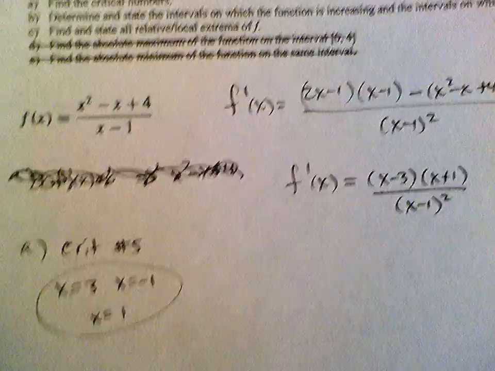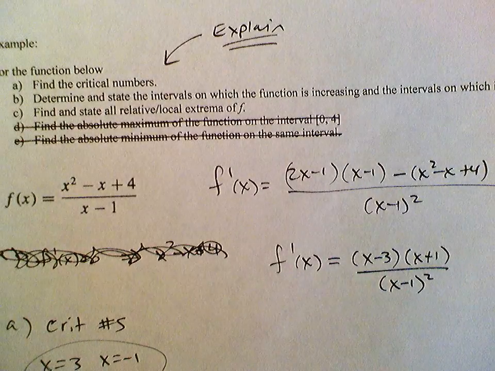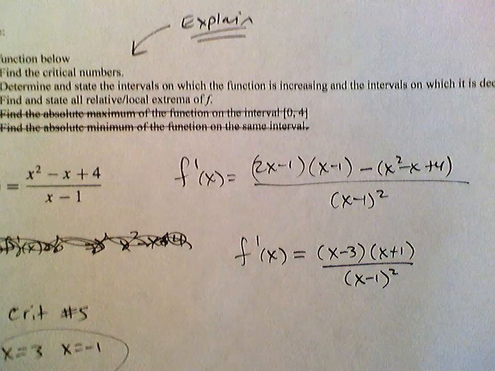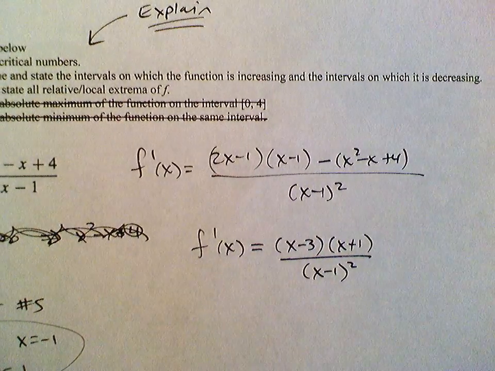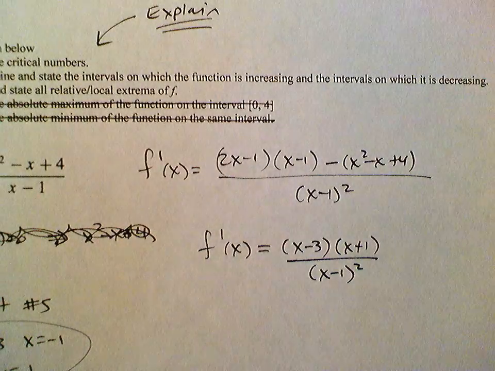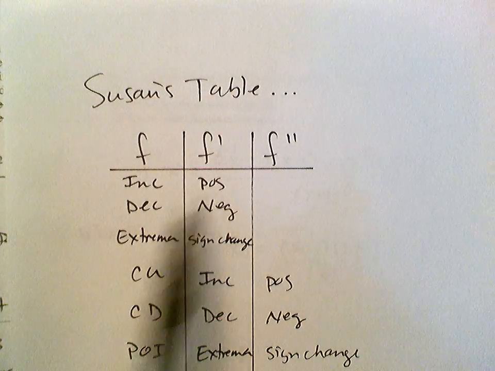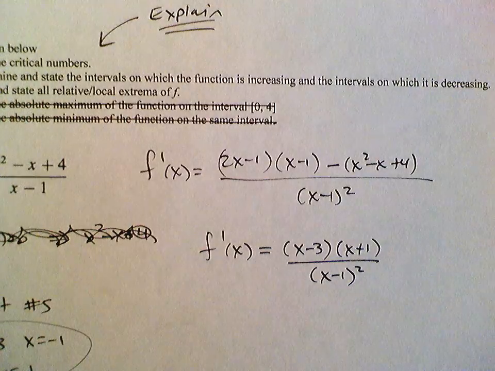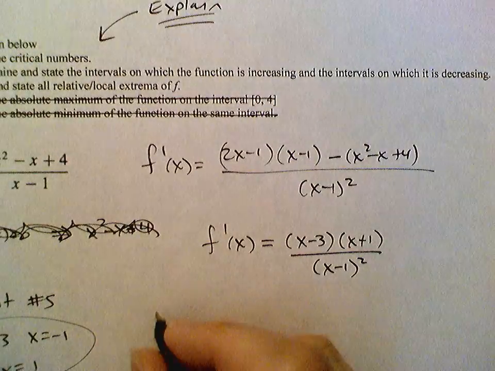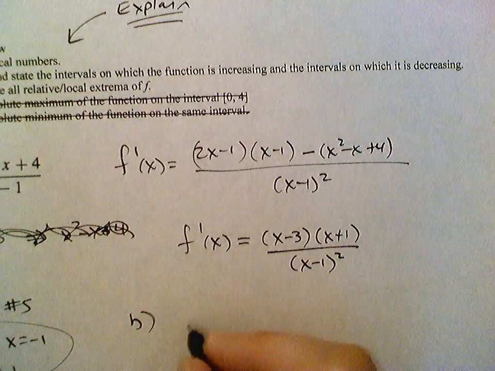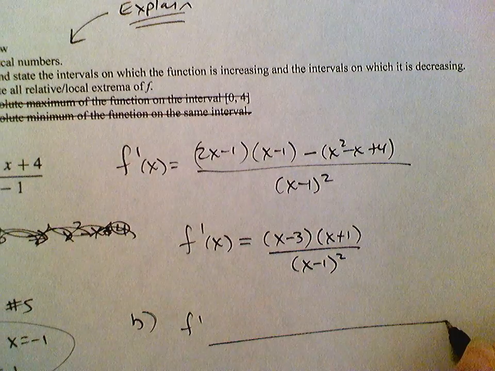Now, part B. Determine and state the intervals on which the function is increasing and the intervals on which it is decreasing. So if you remember Susan's table, the function is going to be increasing where the derivative is positive, decreasing where it's negative. So this is what we're going to do. For part B, you're going to do an f prime number line.